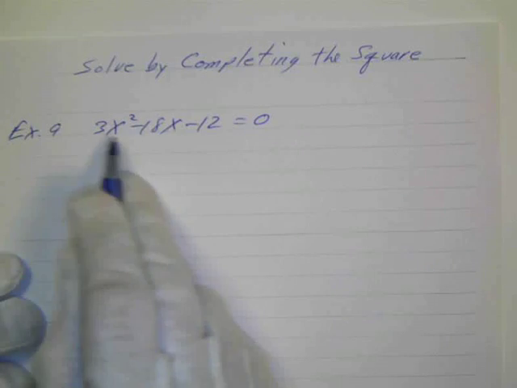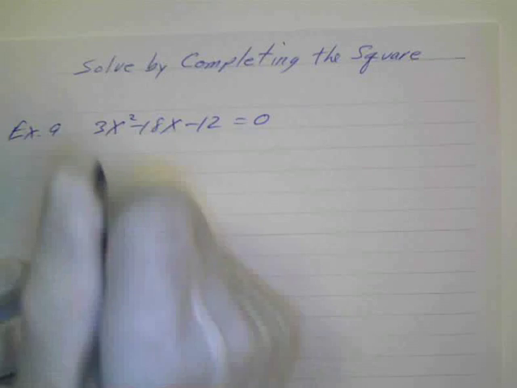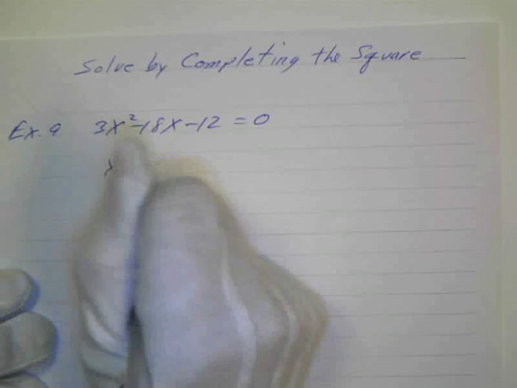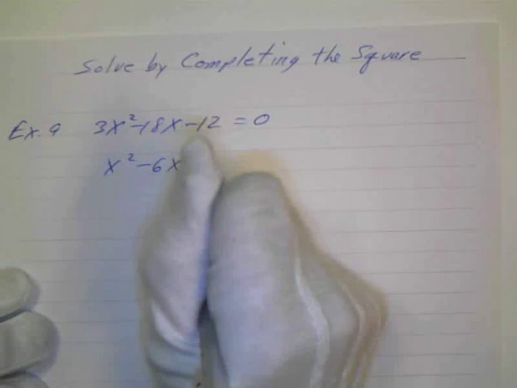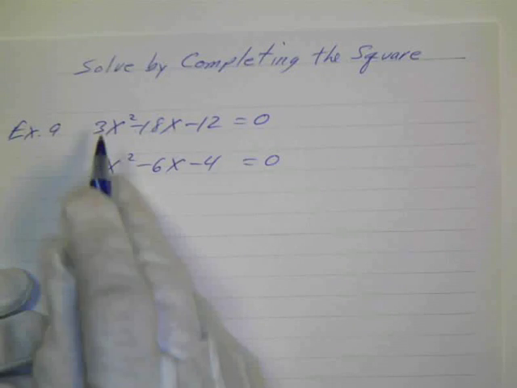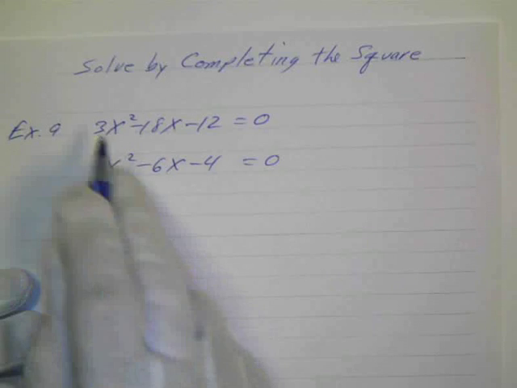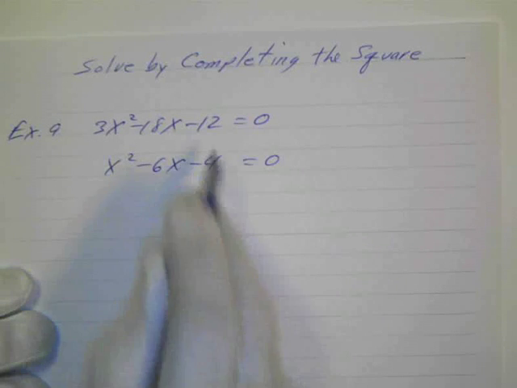And again, all these numbers are divisible by 3. We want a 1 in front of the x squared, so we divide everything by 3. So we have x squared minus 6x minus 4 equals 0. And double check. 3 times 1 is 3. 3 times 6 is 18. 3 times 4 is 12. So that makes sense.